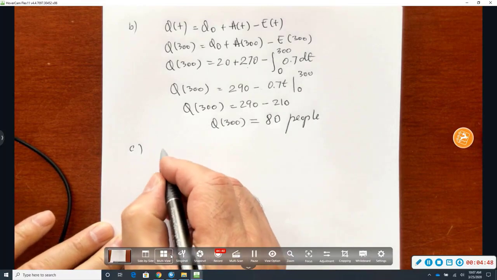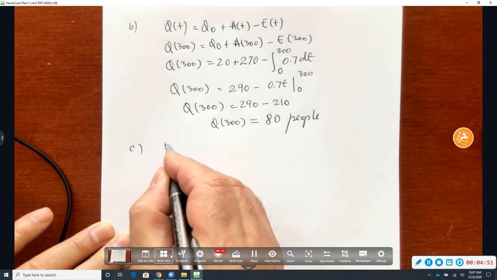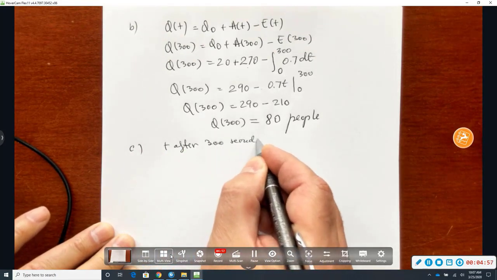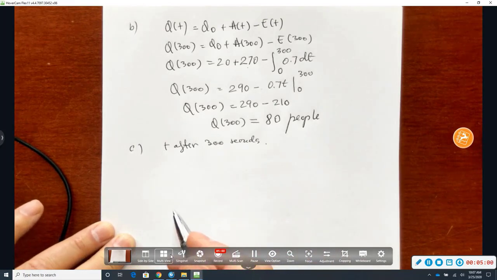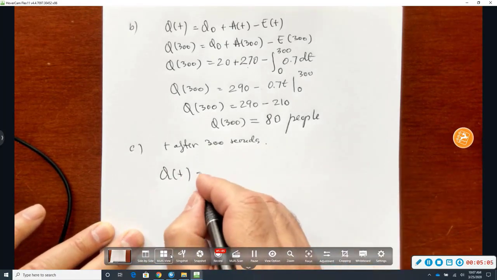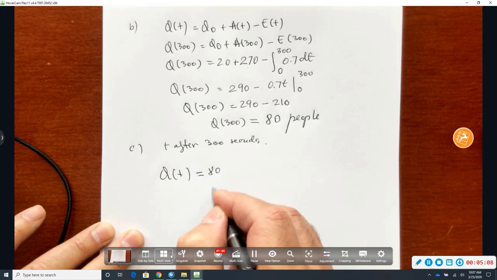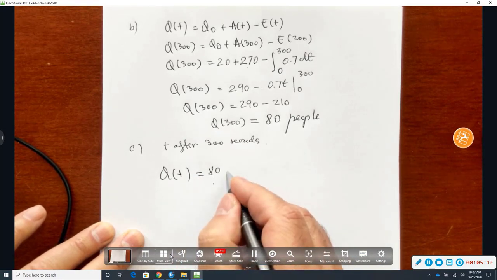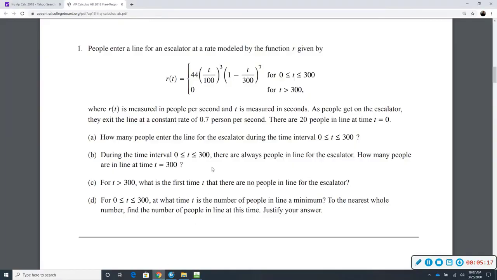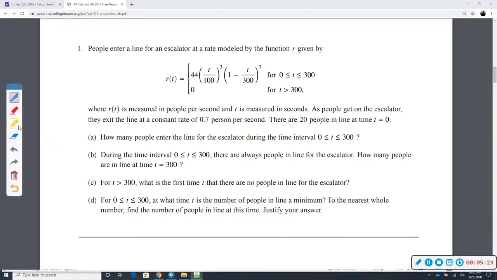So I'm going to consider time t after 300 seconds. I know that the number of people at time t after 300 seconds starts from 80 people at 300 seconds. And if you remember from the original equation, there are no people entering after time t equals 300.